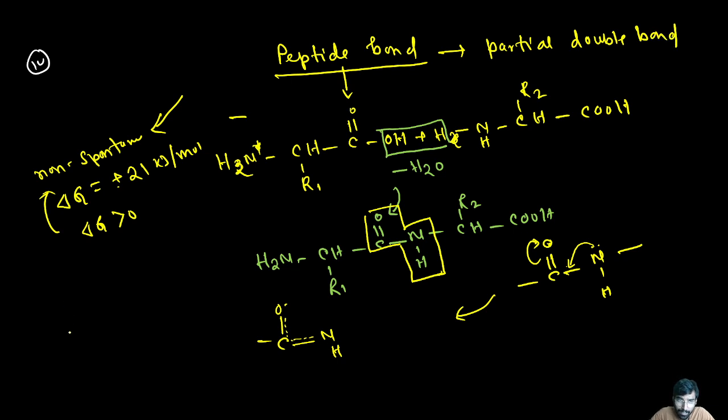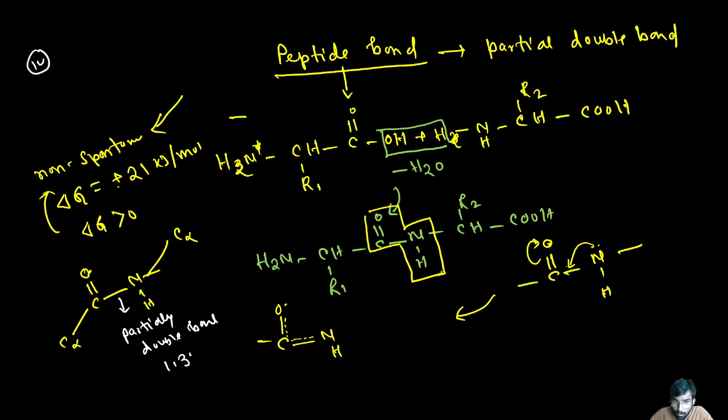In general, there is C alpha, then CO, then NH, and then again C alpha. Now here this C and N bond is partially double bond. How can we get to know that?